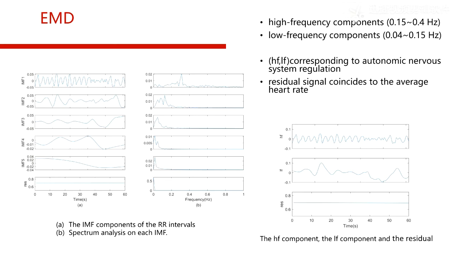In this way, IMF signals can be reorganized to obtain corresponding signal components and the residue. They represent the high-frequency component signal, the low-frequency component signal, and the residue, corresponding to the average heart rate, respectively.